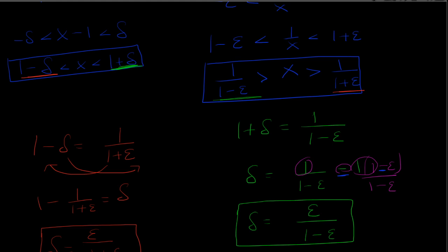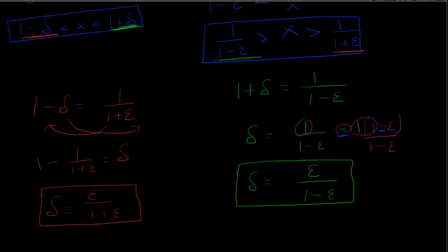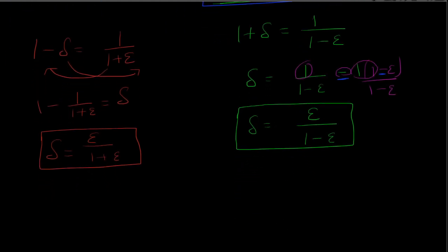And now that I have the two deltas, I always want to find the smaller delta. So I'm going to be looking at the minimum. So delta is the minimum of epsilon over 1 plus epsilon and epsilon over 1 minus epsilon.